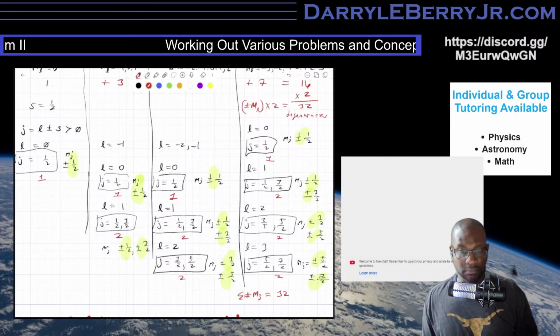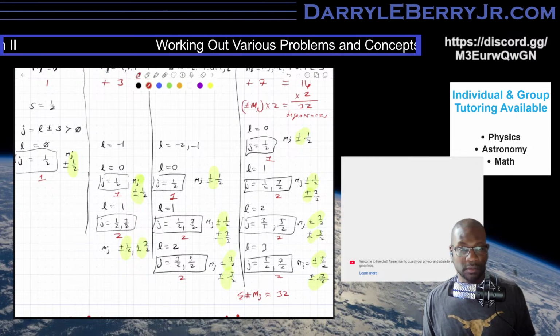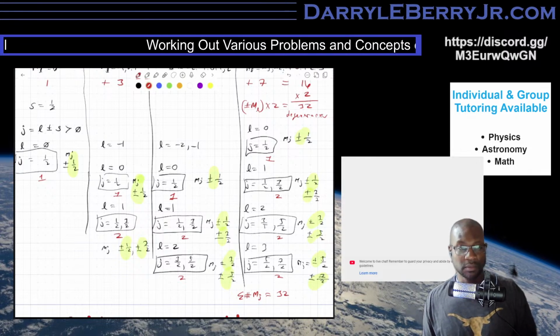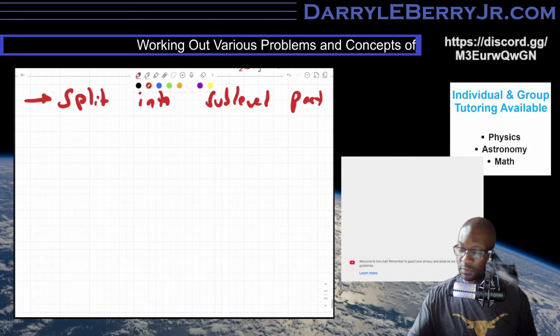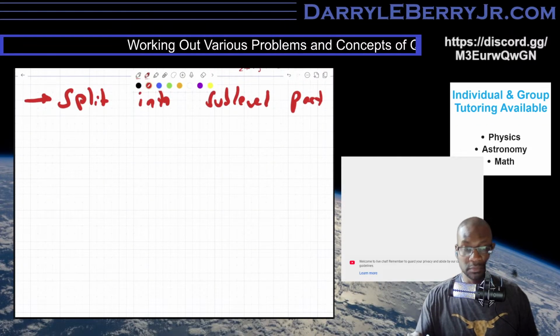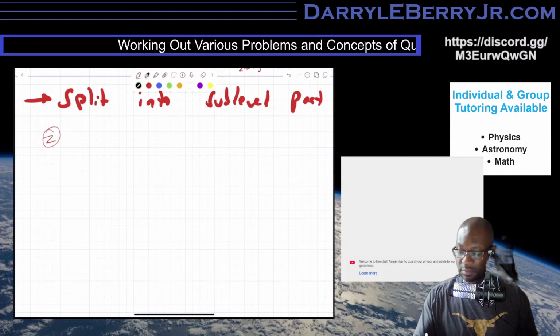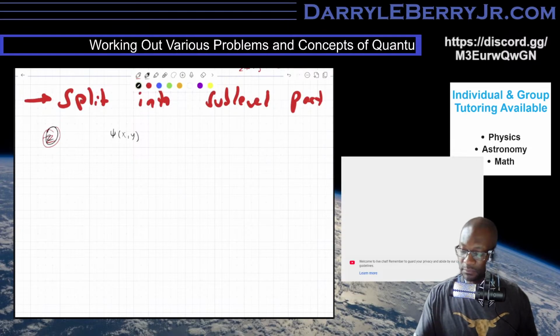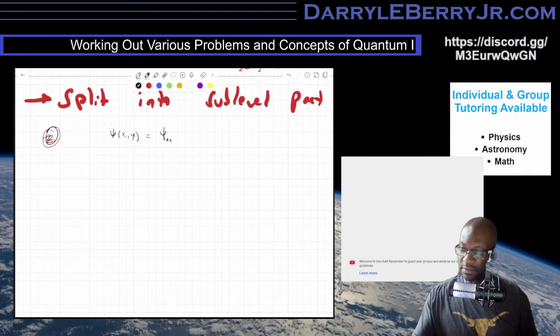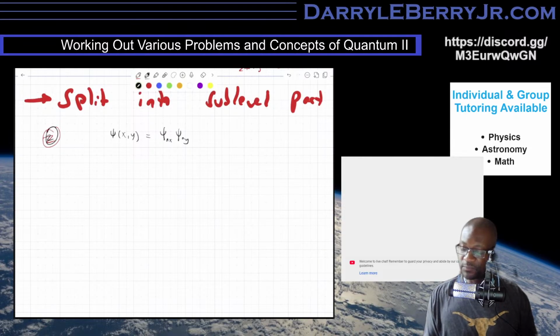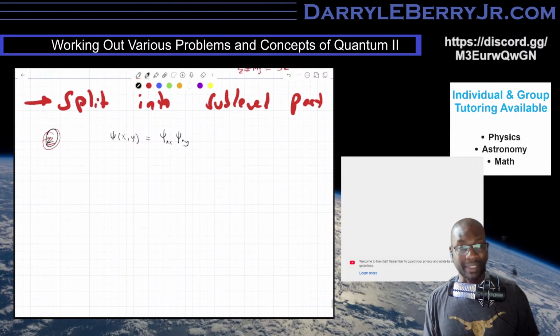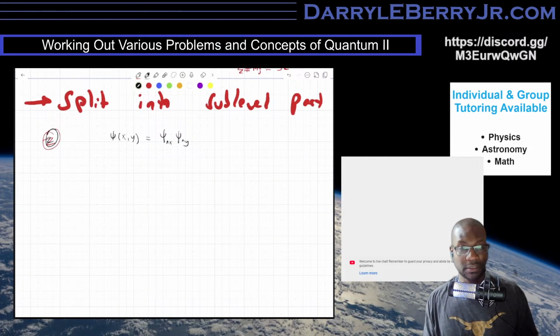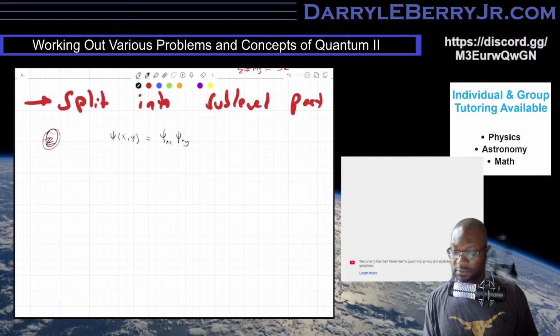So this question is about a particle in a two-dimensional square box. So basically our psi is psi of xy, which by default will be psi in x times psi in y, are the default equations. And right now we want the infinite well.